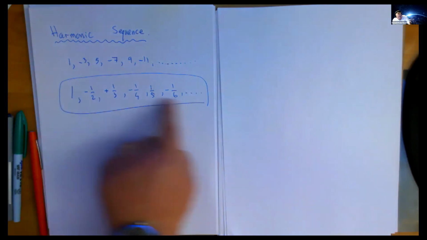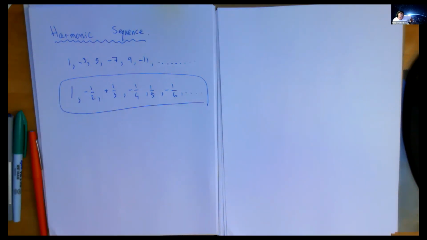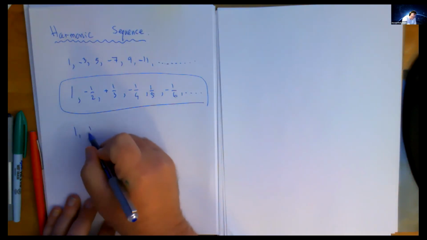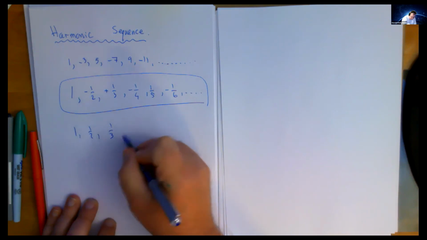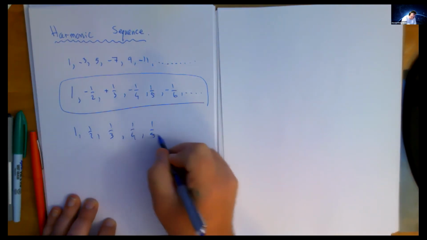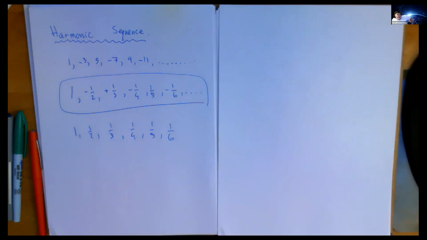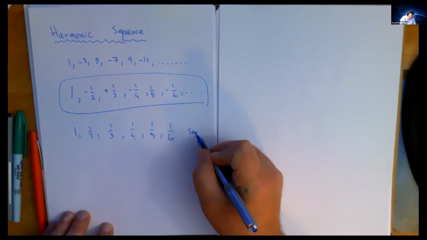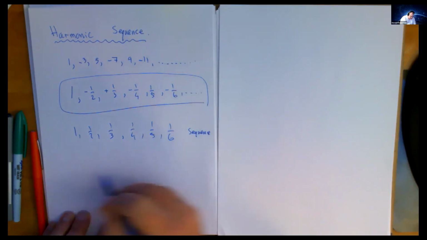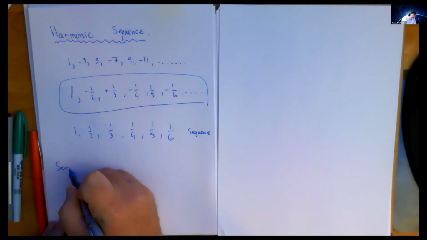But this particular harmonic sequence is quite interesting because when you look at the positive version of it, there is a rather disturbing fact, and they discovered this really early on. This is a sequence. There's a thing called a series.